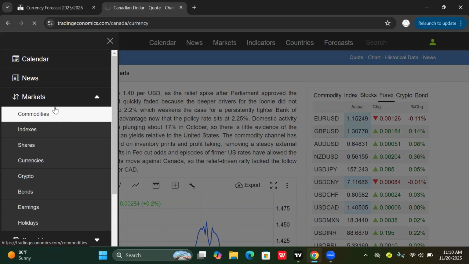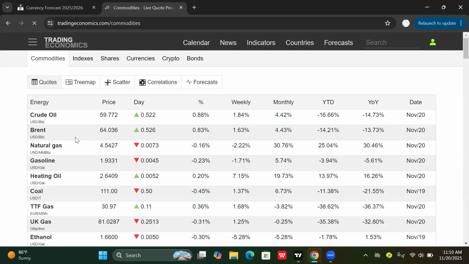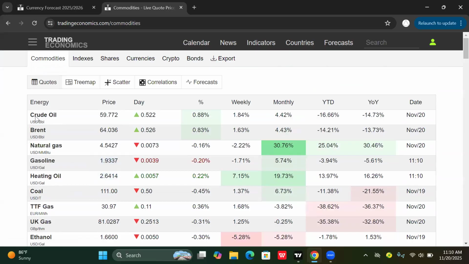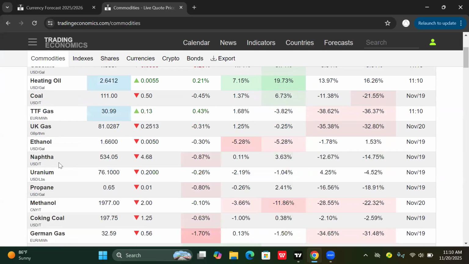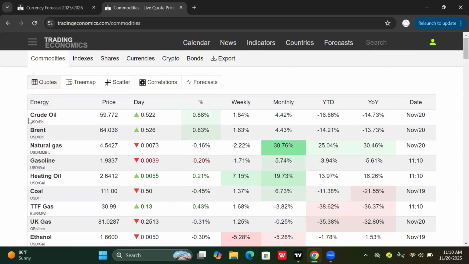Let's look at commodities because I really love gold at this point. Seasonality is giving us a very good trade on gold. Not now, you have to wait for that. Commodities here are saying uranium, German gas, Brent crude oil. I don't want energies.